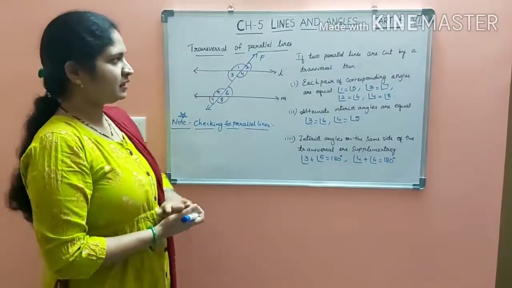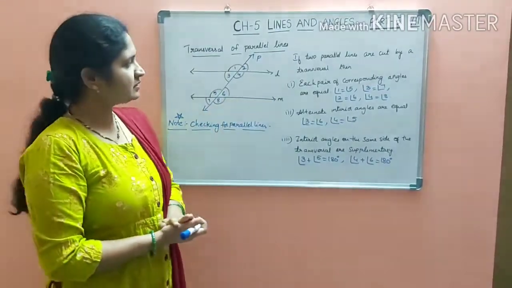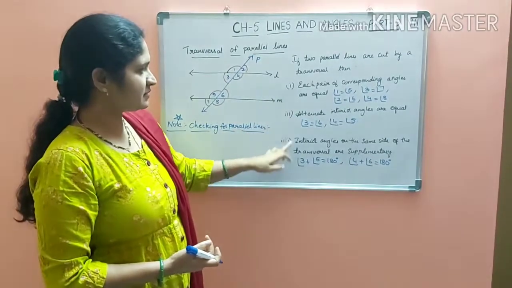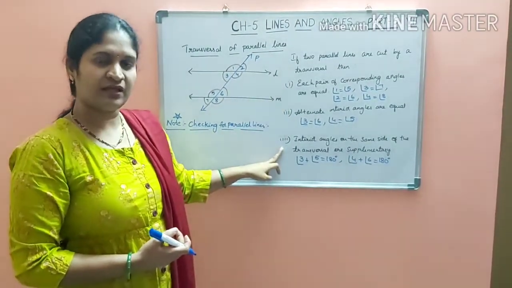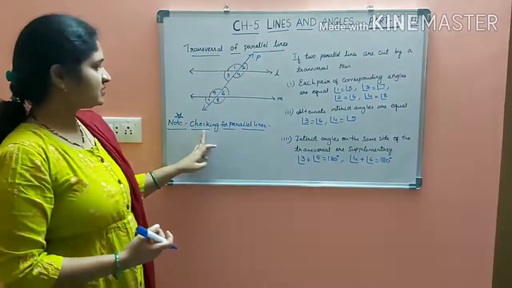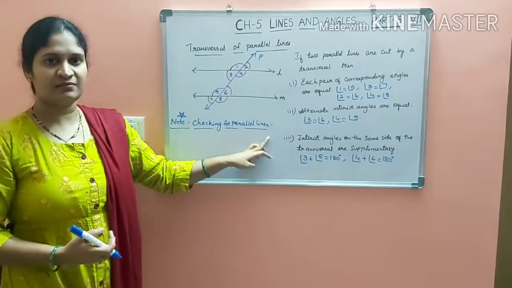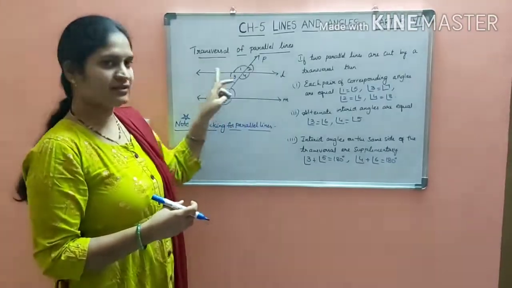What about the reverse? Can you say the two lines are parallel? Children, if any one of these facts is true, then we can say that these two lines are parallel. So, checking for parallel lines. Sometimes they will give any angle out of these 8 angles.